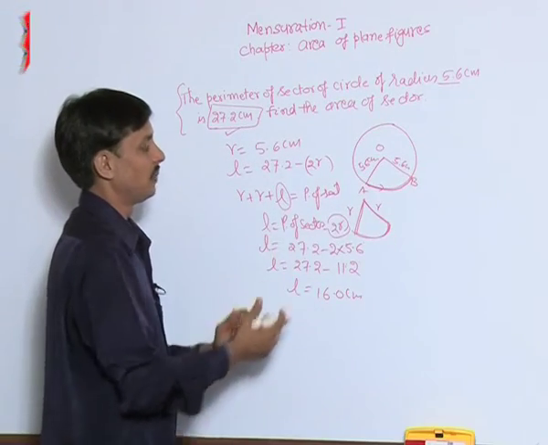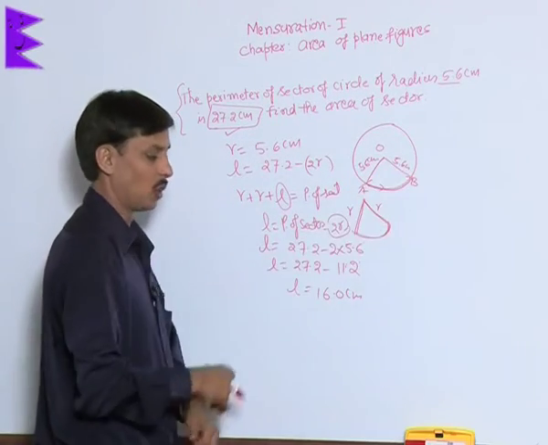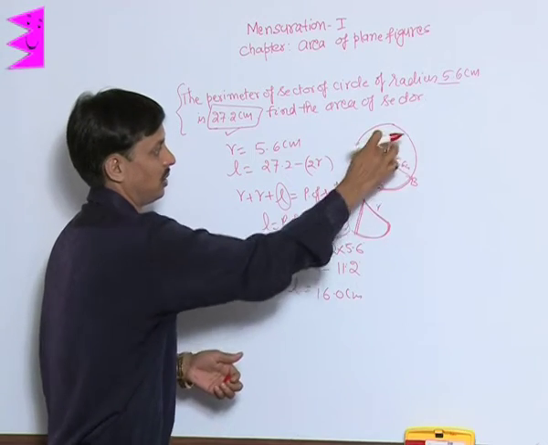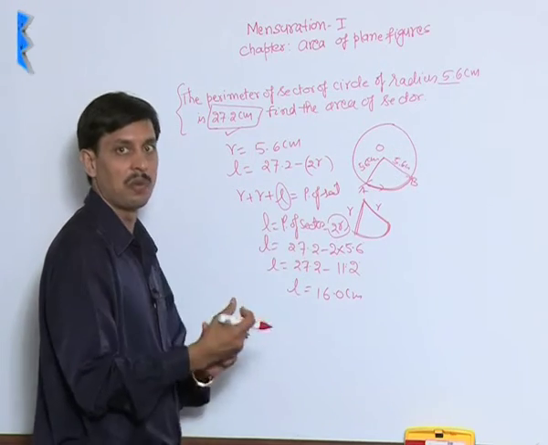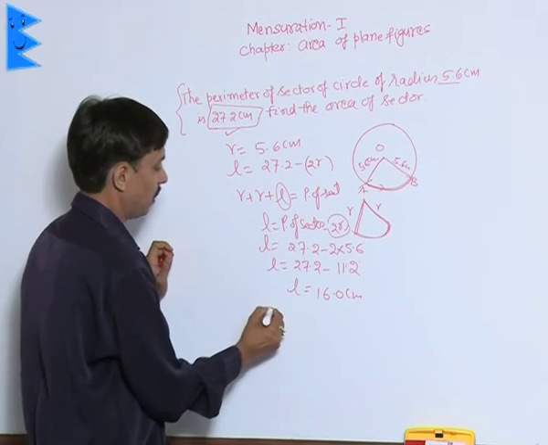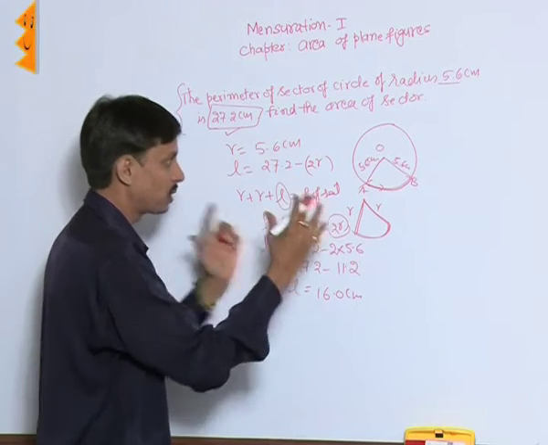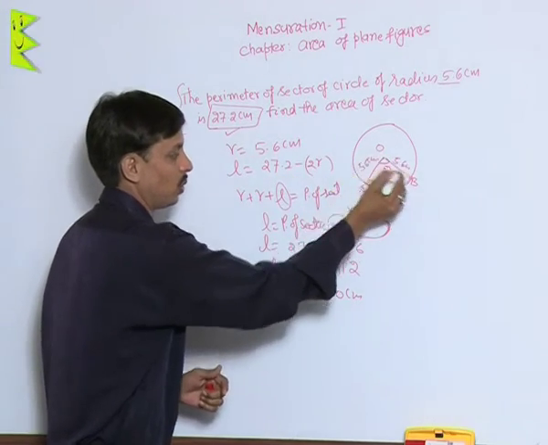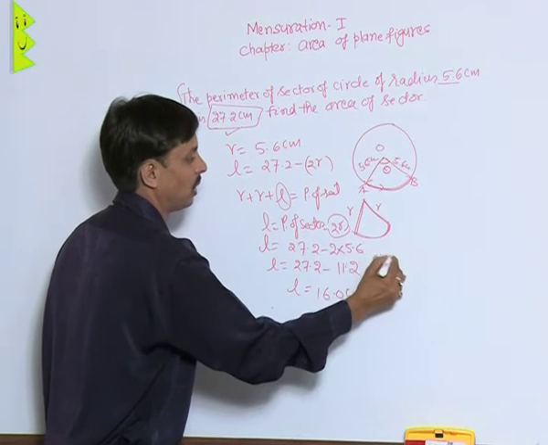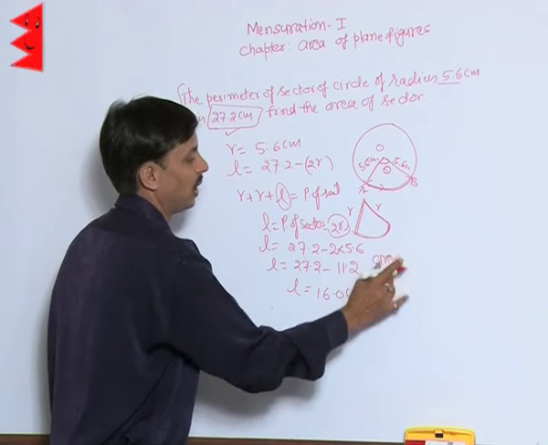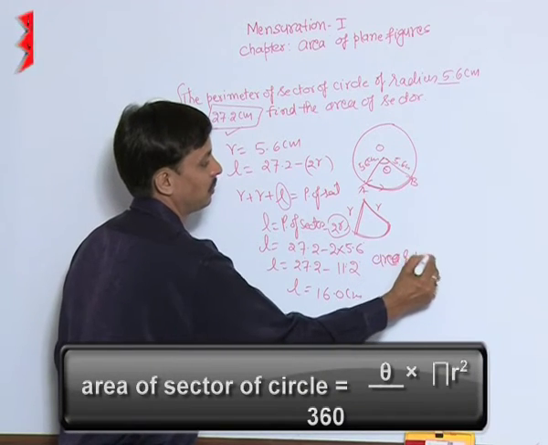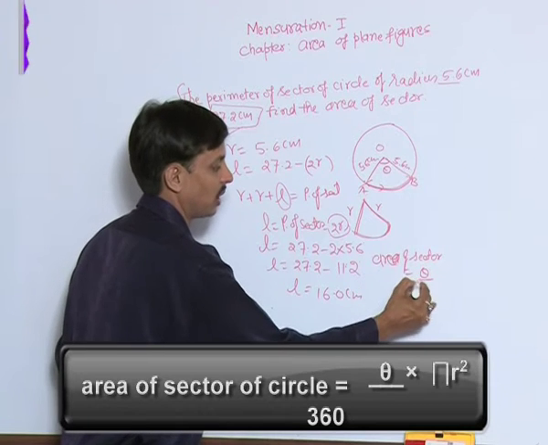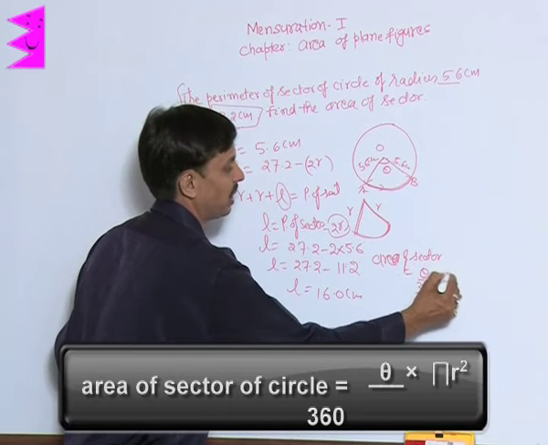Now a question: if the length of arc is known, and we know the radius, then what is the formula for finding the area of the sector? If theta and radius are known, then the area of sector is theta by 360 times pi r squared.